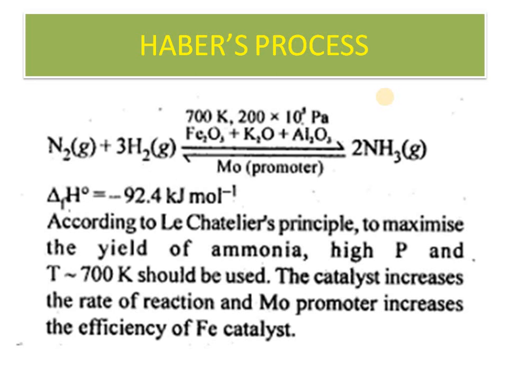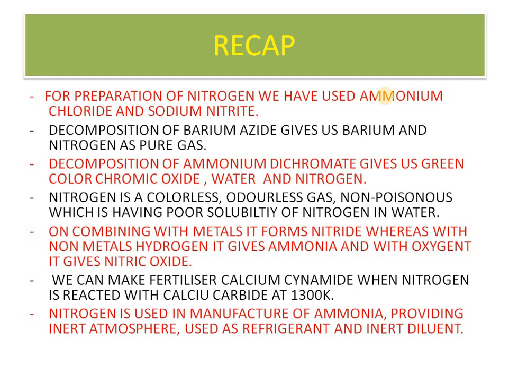It is an exothermic reaction; by Le Chatelier's principle, to get maximum yield of ammonia we need to maintain high pressure. So 200 atmosphere pressure we normally maintain, and temperature is 450 to 550, that comes out to approximately 700 Kelvin. The catalyst increases the rate of reaction and the molybdenum promoter increases the efficiency of the iron catalyst. Sometimes they ask you, what is the function of Mo? Molybdenum is a promoter. It increases the efficiency of the catalyst.